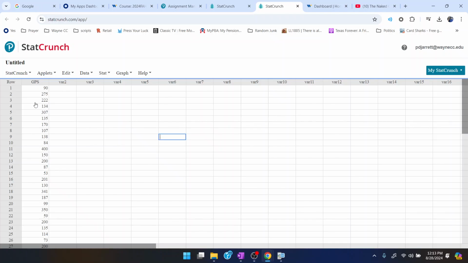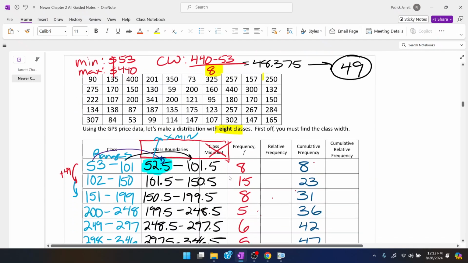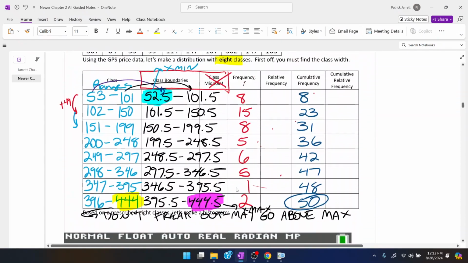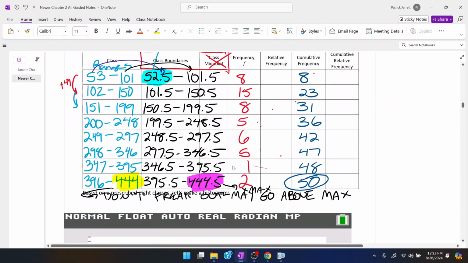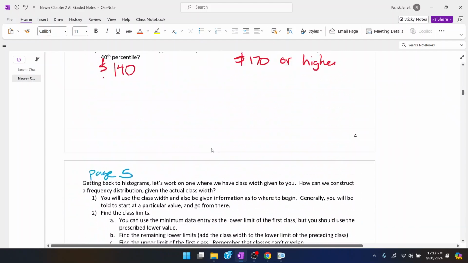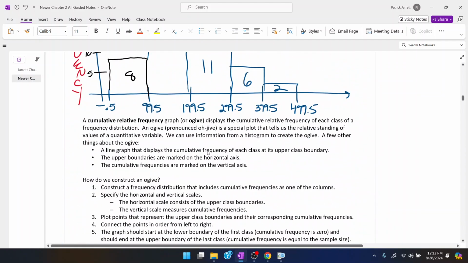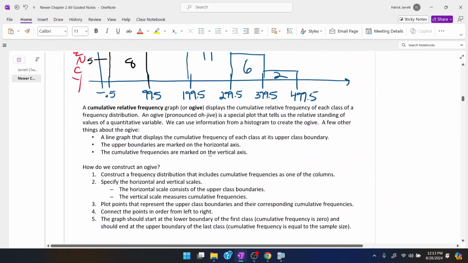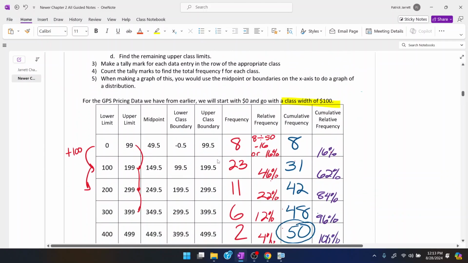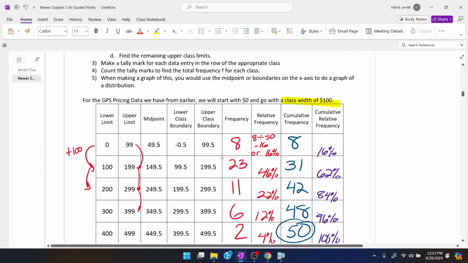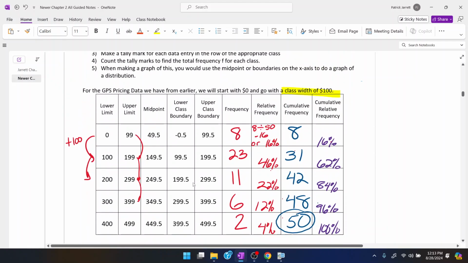Now, here's what I want to do. I want to go back to the notes. Remember, we actually did two different histograms with this. The first histogram we did, which I believe was on pages 5 and 6, we had our class boundaries and our class width of 100.